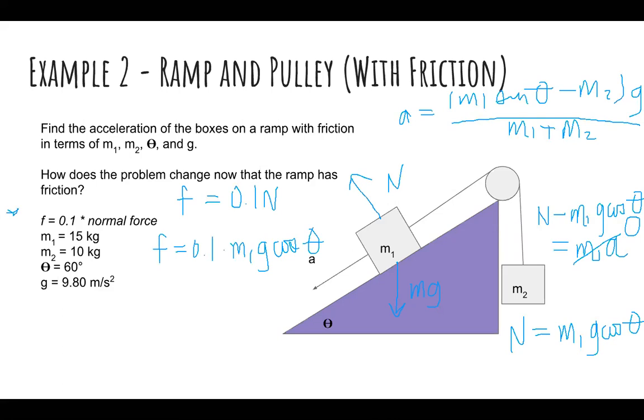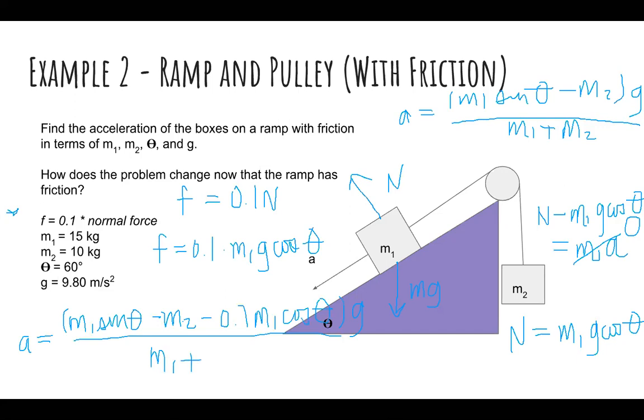That gives us acceleration is equal to m1 sine theta minus m2 minus 0.1 times m1 cosine theta from the friction, all still multiplied by g, over m1 plus m2.